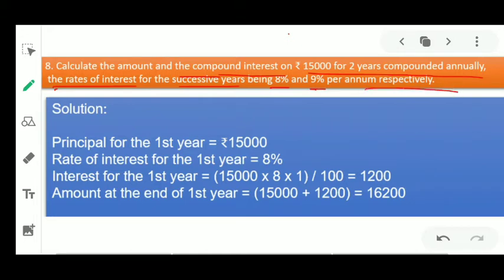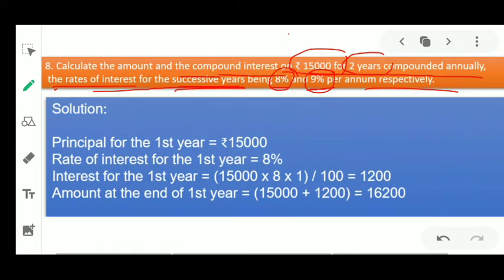So here the principal value is 15,000 and the time is 2 years, given. The rate of interest for the successive years being 8% means for the first year the rate percent will be 8%, and for the second year the rate percent will be 9%. Now look at this solution.